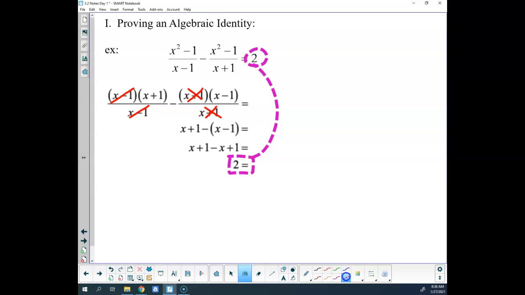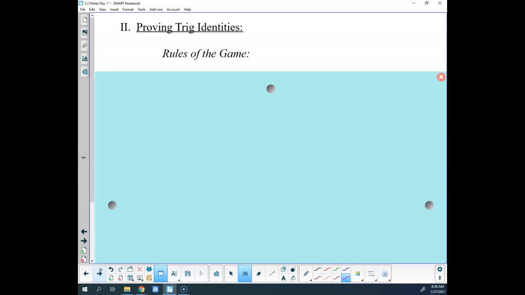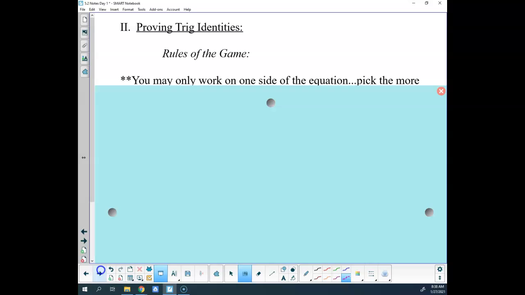In trig form, first off, there is one rule to the game. The one rule of the game is that you can only work one side. That's all you can do. You can't work both sides at the same time. You can only work one side of the equation at all.